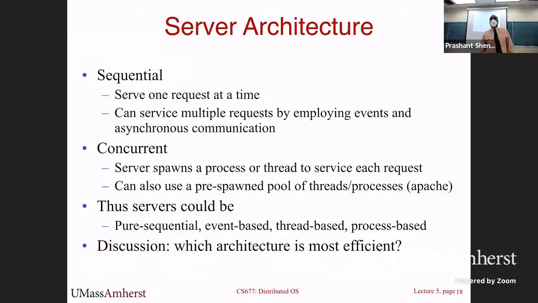Maybe I can ask for suggestions on what you think. From an overhead and efficiency perspective, is event-based higher overhead or lower overhead than a multi-threaded architecture? No, multi-process is process-based.